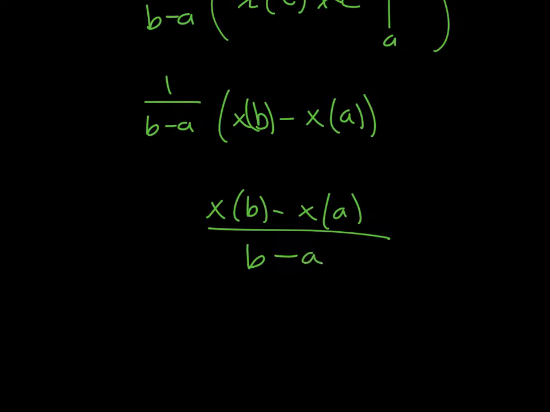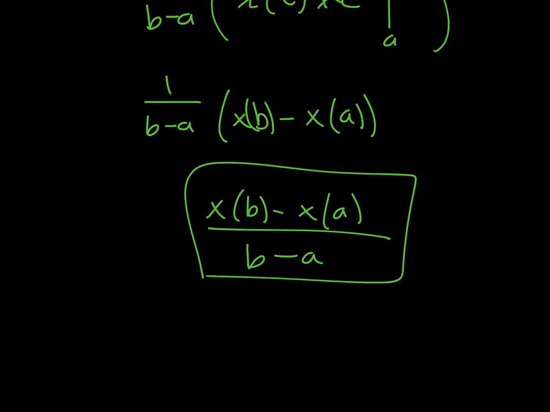That's too cool. So basically what we just did was, if we're looking for the average value of velocity, we're looking for the average slope of position, the average rate of change of position. Because this gives us the average rate of change of position, which is velocity, since if you take the derivative of position, you get velocity.